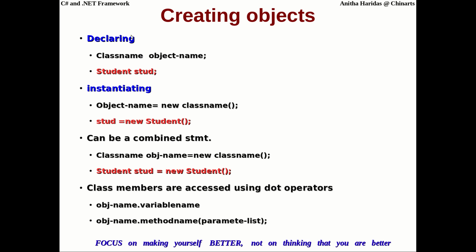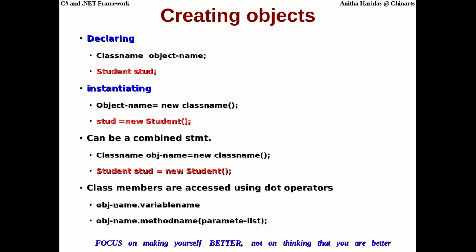You can declare an object like this, then you can instantiate the object using the new operator, or you can combine them together: Student is the class name, then the object name, new operator and the class name. And all the class members will be accessed using the dot operator.